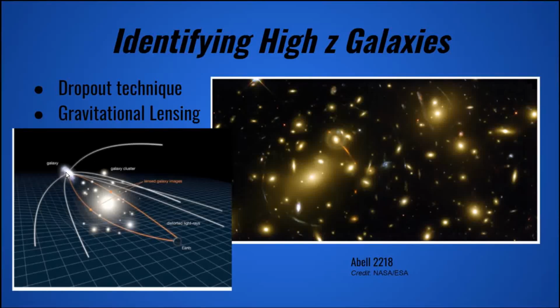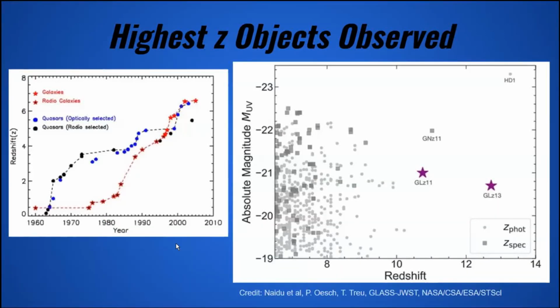By bending, we end up with multiple images of the same galaxy. So probably this one is the same as this one, and so on. The red one, there's just one. Oh, this one is probably the red one as well. That one's definitely the same one. So we get multiple images, and these galaxies wouldn't be visible with the same exposure time if the cluster wasn't in the way. So these are the two techniques we use to look at distant galaxies.